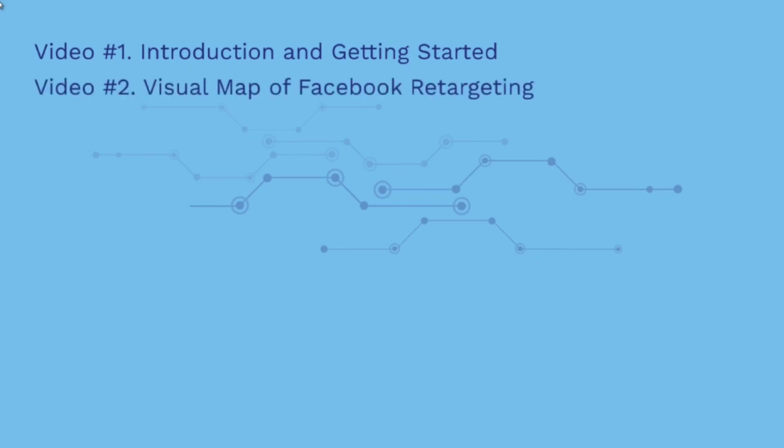Video number 2 is going to be a visual map of Facebook retargeting. And what that includes is I'm going to show you how Facebook retargeting works. And a lot of times people jump straight into showing you how to set things up. But unless you really understand how everything fits together, what connects to what, and all of that, it's really going to become confusing.